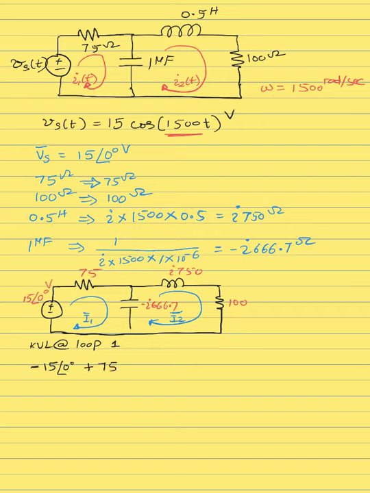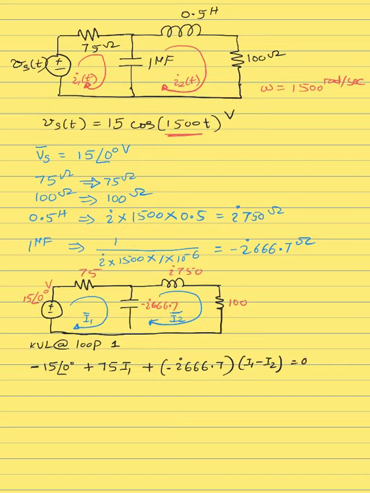And what's the amount of current flowing through 75 from left to right? It's only I1. Plus, the next element is the capacitor, so I'll write its value in brackets because it's negative, so I don't want to confuse the negative and positive signs. And the net current coming downwards through this capacitor is I1 minus I2. So you have two currents in here.